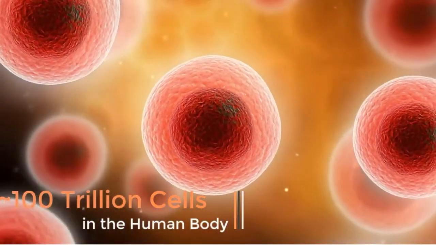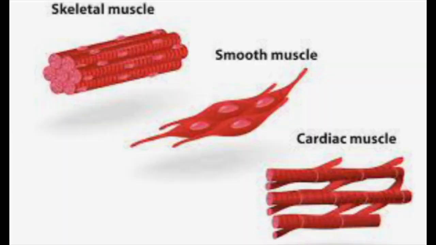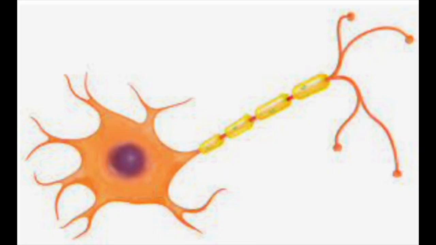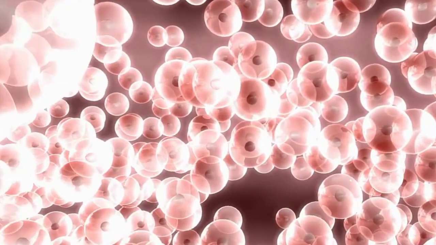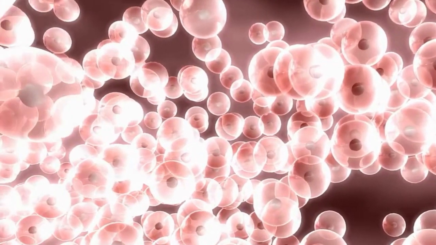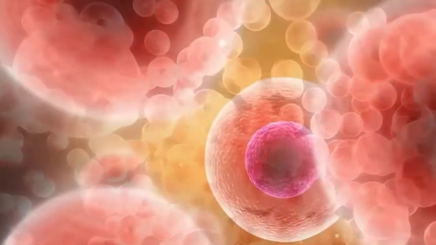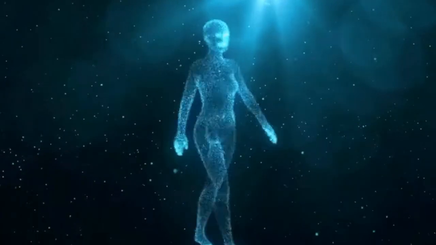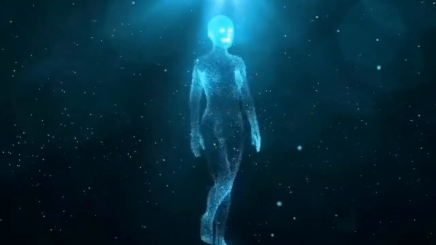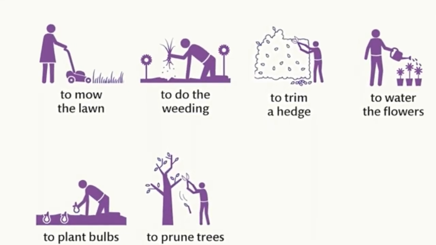As an example, we have muscle cells, nerve cells, or liver cells, and every single cell has a specific function, just like every word has a specific meaning. However, we all know that a word can mean different things according to which context we are talking about.